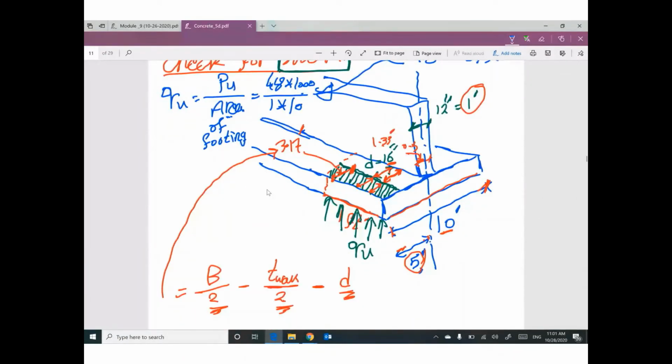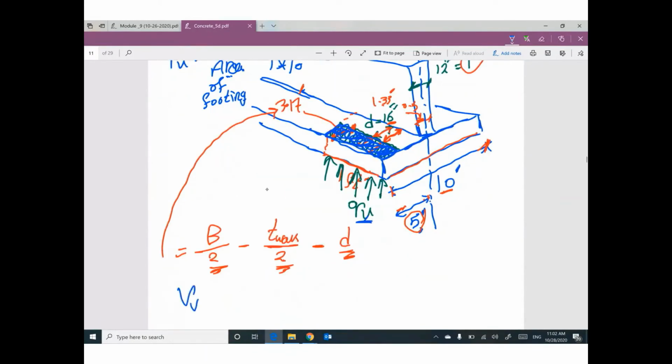So right now we have this area for shear. If you multiply this area by Q ultimate, I can get V ultimate. V ultimate equals Q ultimate times area for shear. Q ultimate is 4,800.